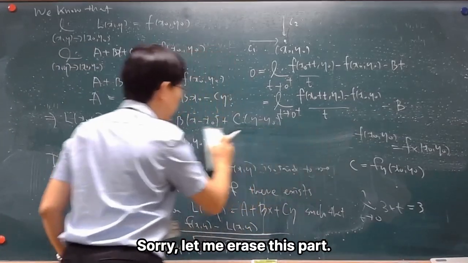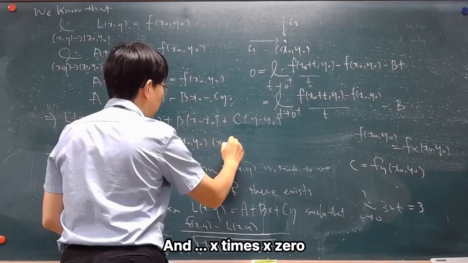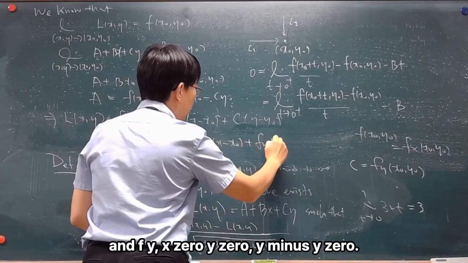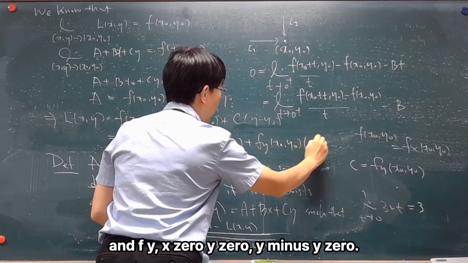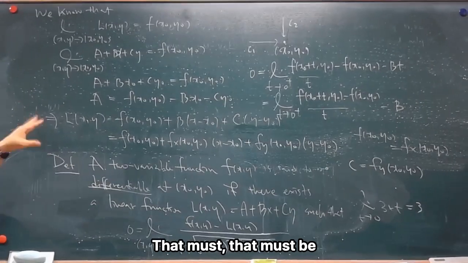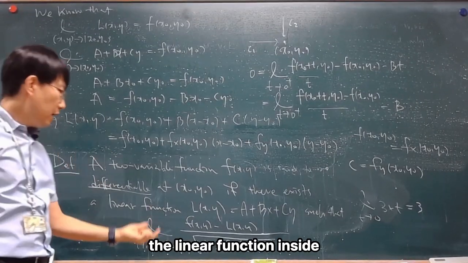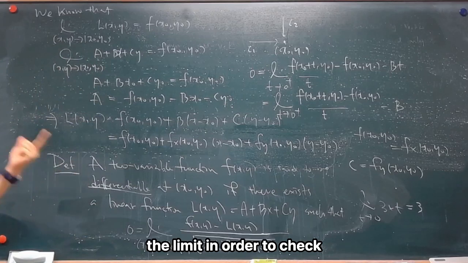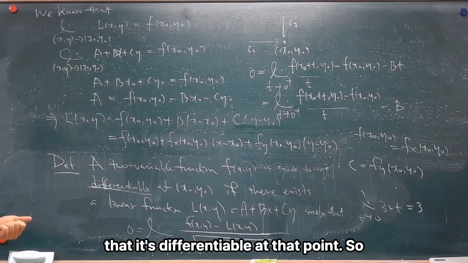Sorry, let me erase this part. That's your linear function. That must be the linear function inside the limit in order to check whether it's 0, to conclude that it's differentiable at that point.